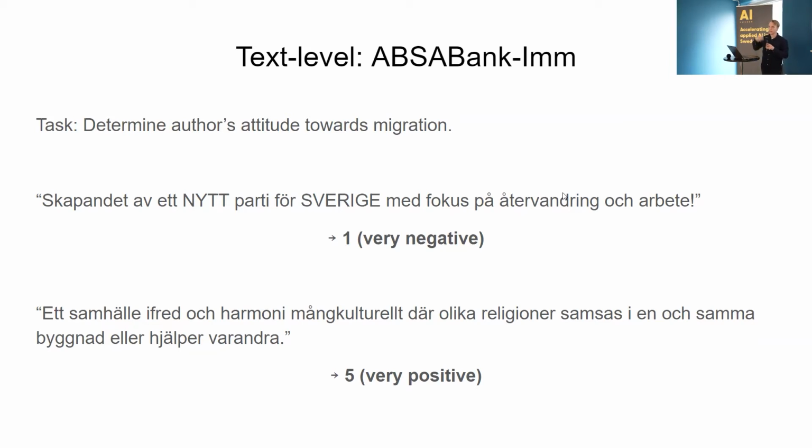These are very anti-immigration statements. So we would label this as a very negative statement towards migration. And what we do is we want to label this from 1 to 5, with 1 being very negative and 5 being very positive.